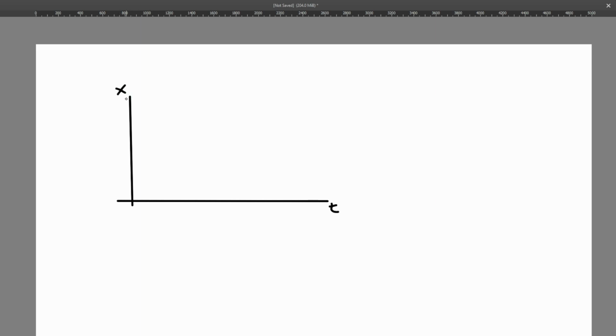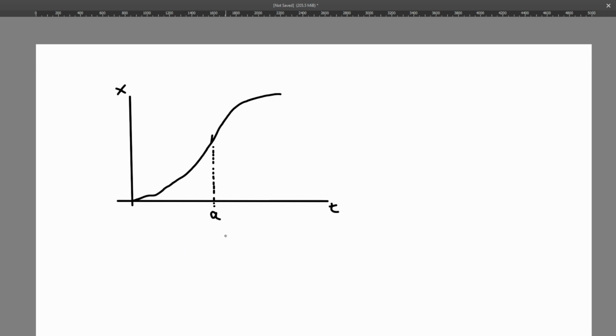Let's say the car again moves like this. When I say that I want to calculate the rate of change of this car at some point A, what does that even mean? You can't really calculate the speed of the car at one moment. If I gave you a snapshot of a car's movement and asked you to calculate its rate of change, its speed, you cannot do it, right?